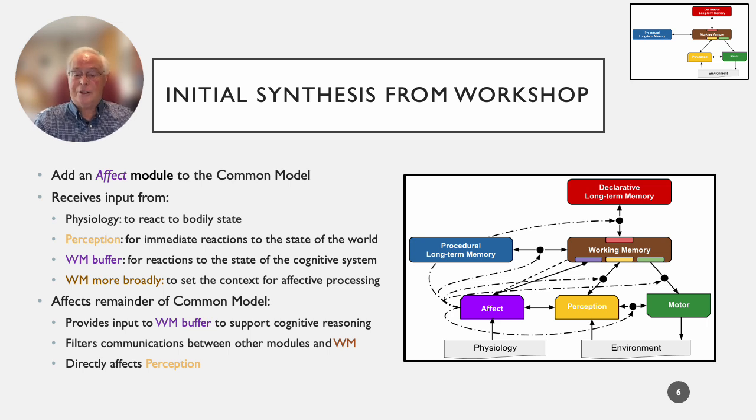Effectively, this enables the affect module to influence what shows up in working memory and in what form, and what is learned and in what form. The affect module also directly affects perception, influencing what the cognitive system perceives from the external environment.